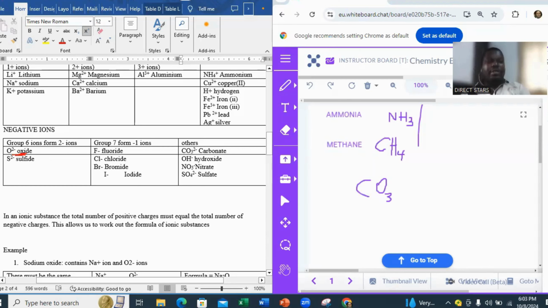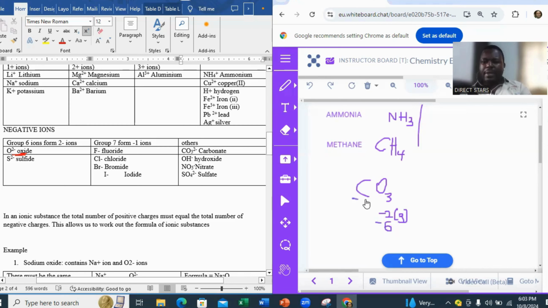Whenever you see oxygen in a compound, the charge is always -2, except for peroxide. We have 3 atoms of oxygen here, and -2 times 3 is -6.